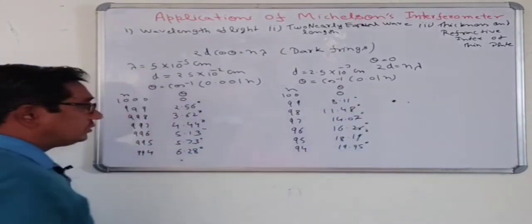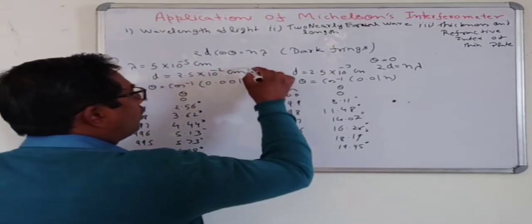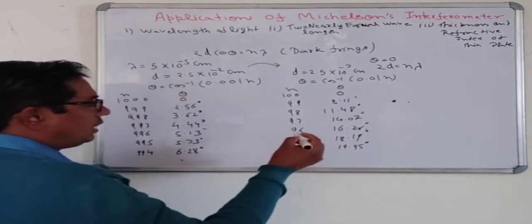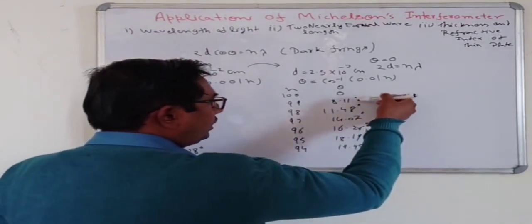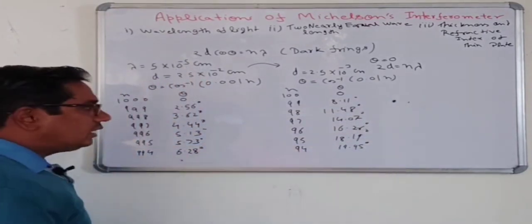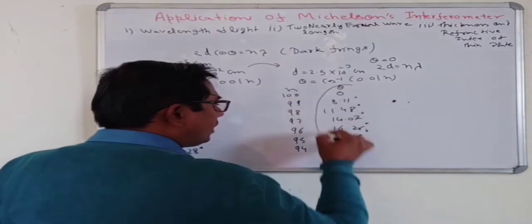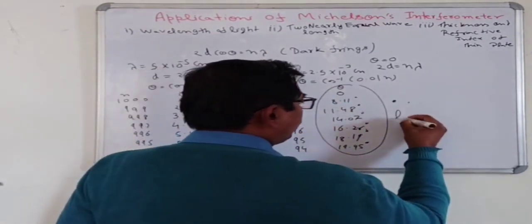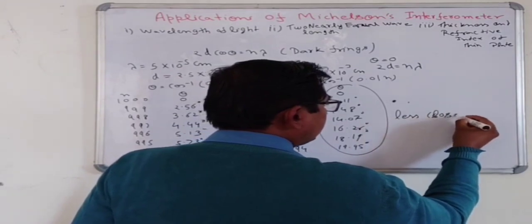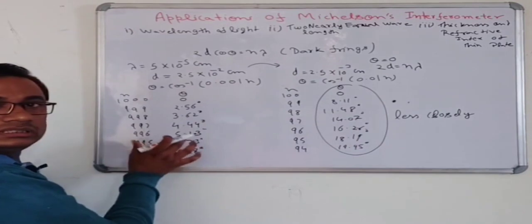Now you can see that when d is decreased by one order, the space between the two theta values increases. It means that the fringes are less closely spaced as compared to this one.